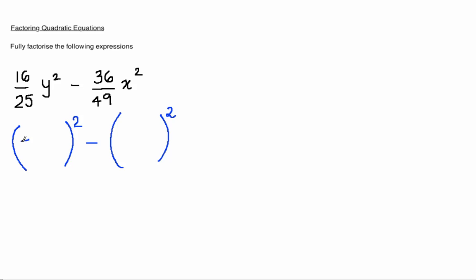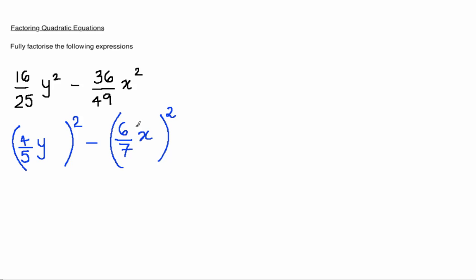It's 4 over 5. And to get y squared, we would simply have to square the y. Similarly, looking at the second expression, 36 is 6 squared, 49 is 7 squared, and x squared would come from squaring the x.